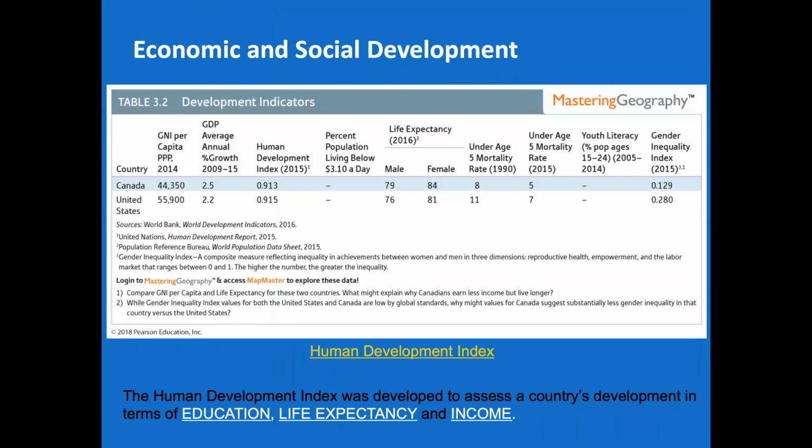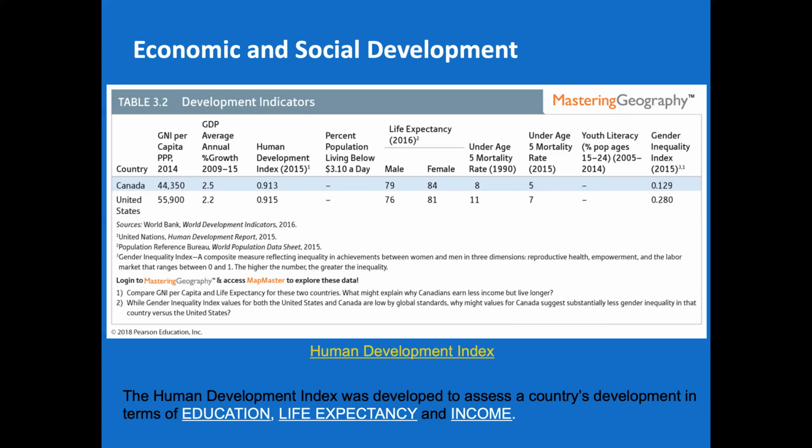Let's see. These are some of the human, economic, and social development aspects. It is the Human Development Index, which is something that's developed to assess a country's health, economic and social and geopolitical health, as a function of education, life expectancy, income, and in many instances, the idea of gender equality or inequality, however you want to view it.